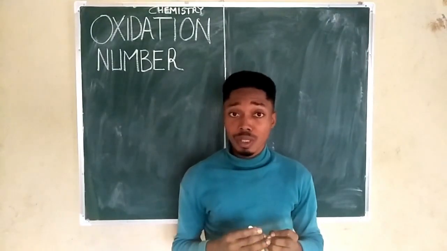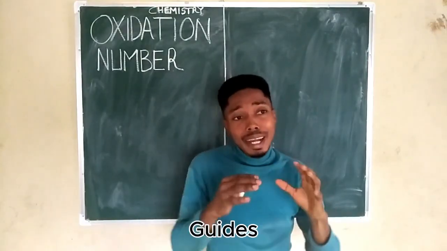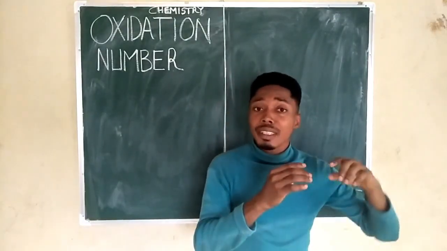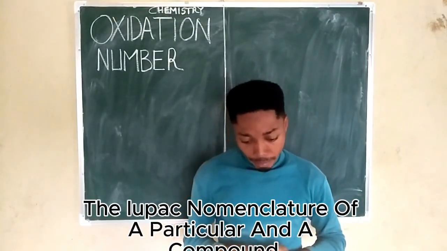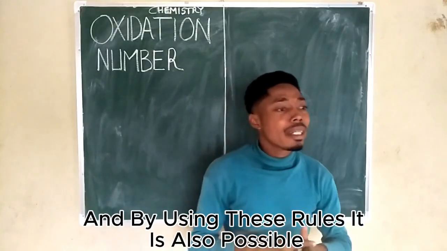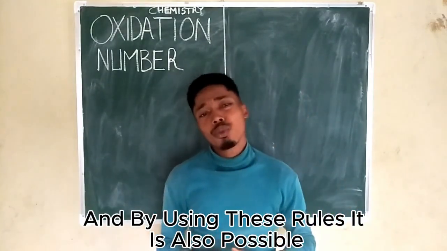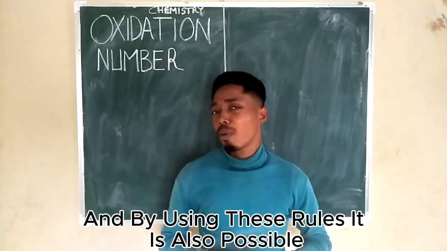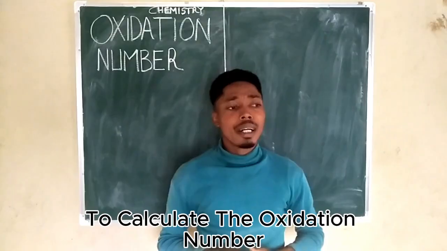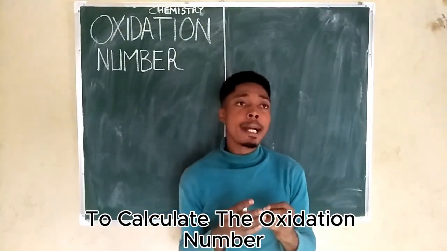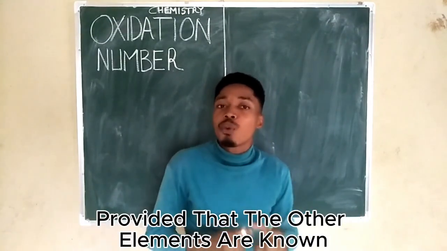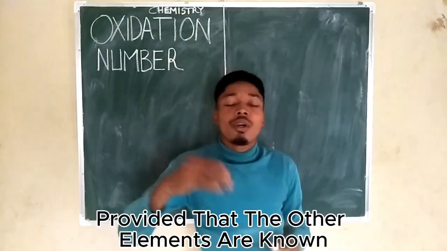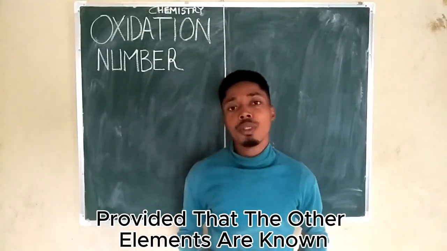These rules guide to some extent the IUPAC nomenclature of a particular compound. And by using these rules, it is also possible to calculate the oxidation number of a particular element in a compound, provided that the other elements are known.